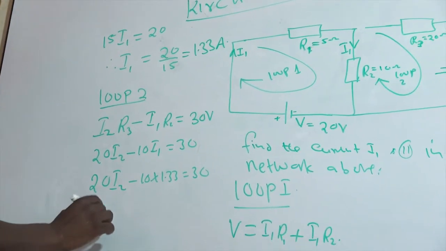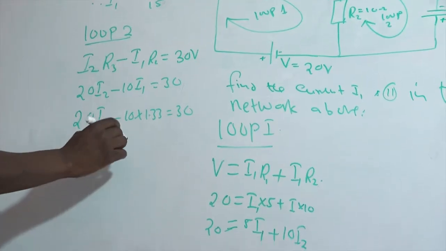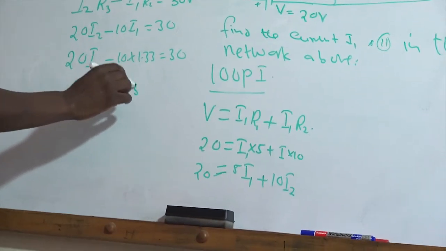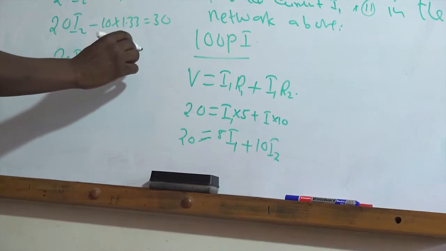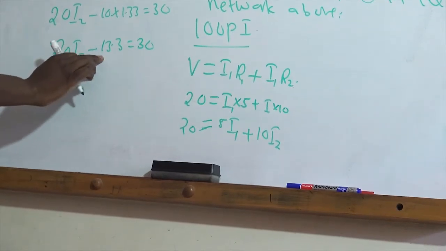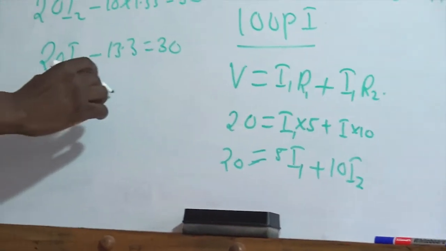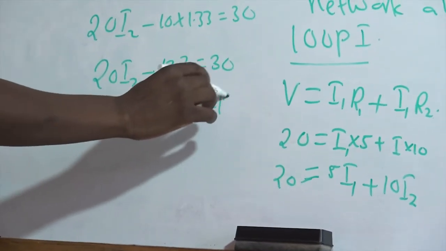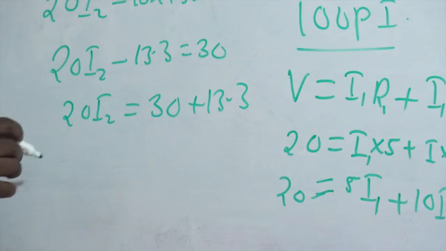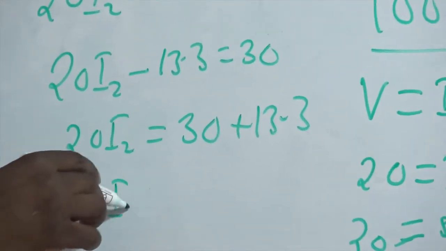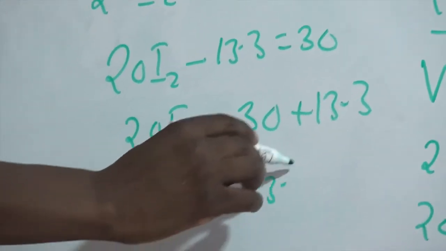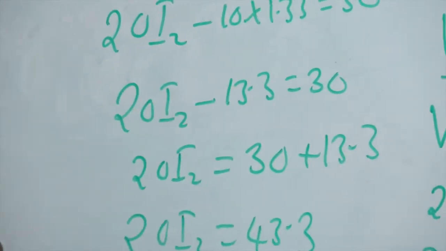This is 20 I2 minus 13.3 equals 30. So let us take this to the other side: 20 I2 equals 30 plus 13.3. 20 I2 equals 43.3 when you sum this total.